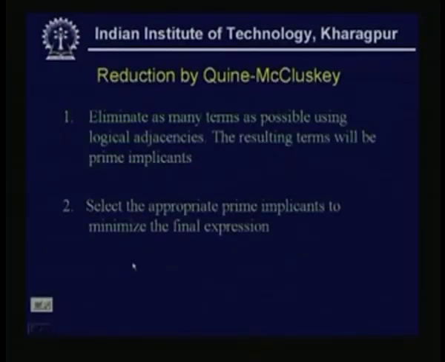Now, there are some disadvantages of these. So far we have discussed the K-map method. See, if it is for larger variables, what we have seen is that for n variable functions, the number of minterms will be 2 to the power n. So, for 4 variable functions, the map becomes a 4 by 4 table. If it is a 5 variable function, then it will be 2 to the power 5, which is 32.